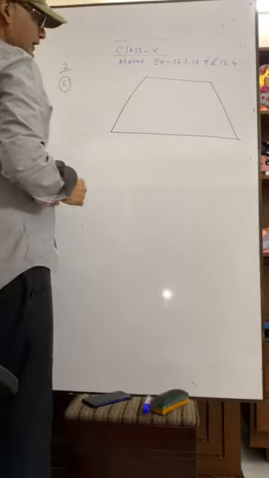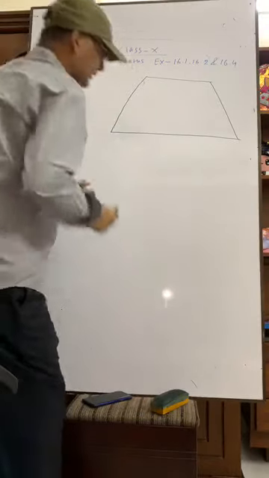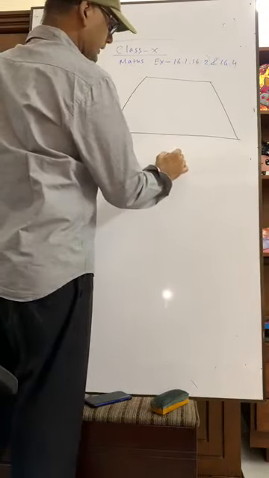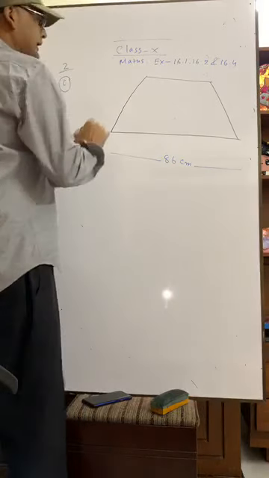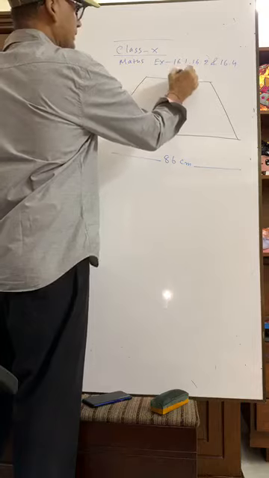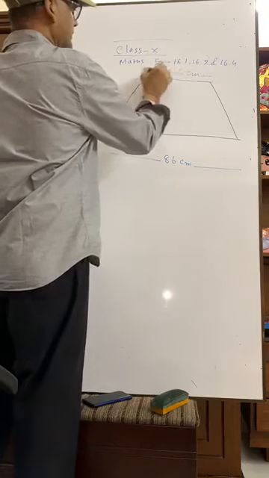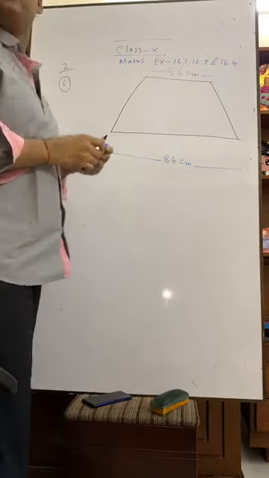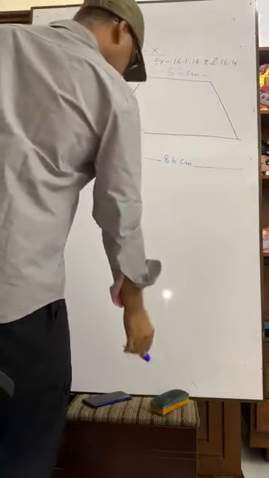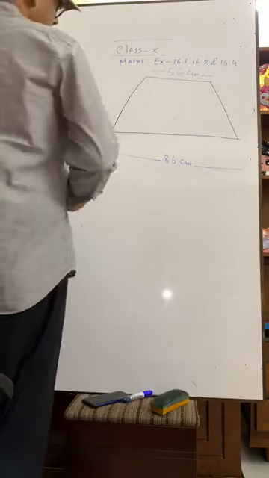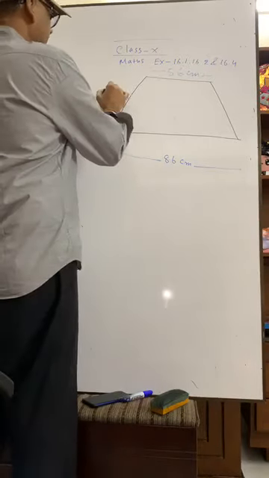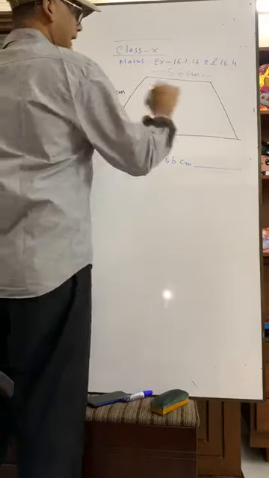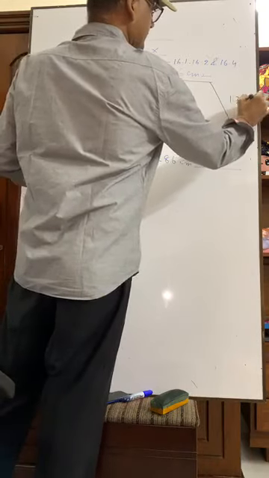And it is told that it is 86 centimeter and it is 56 centimeter. Again, it has been told here that it is suppose 19 centimeter and it is suppose 13 centimeter.